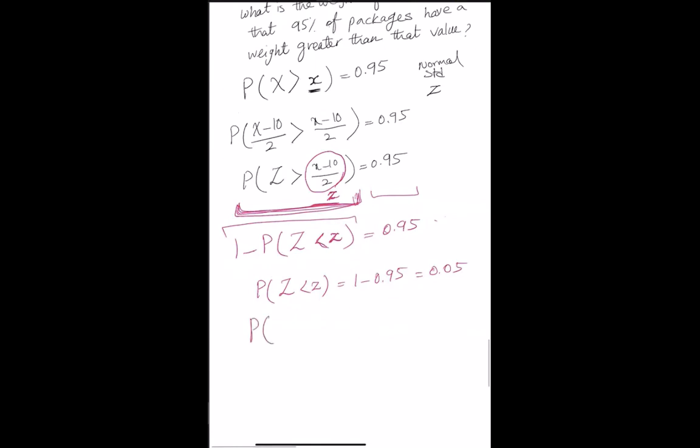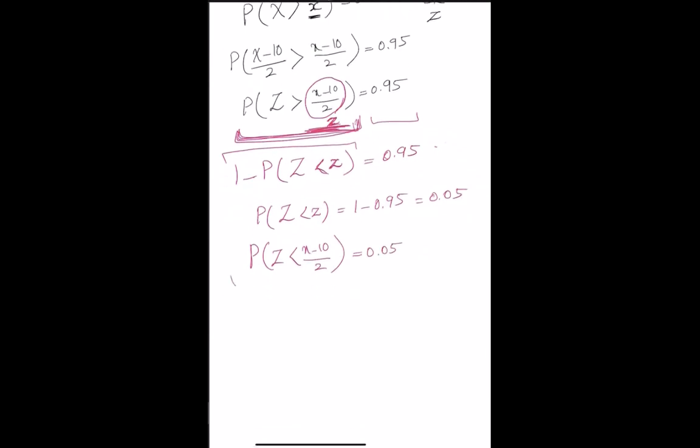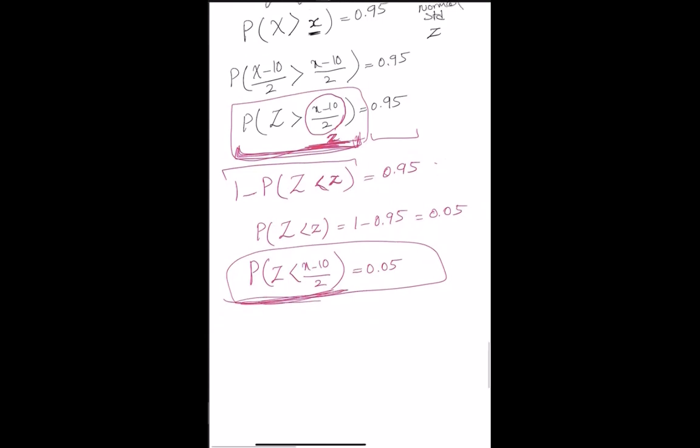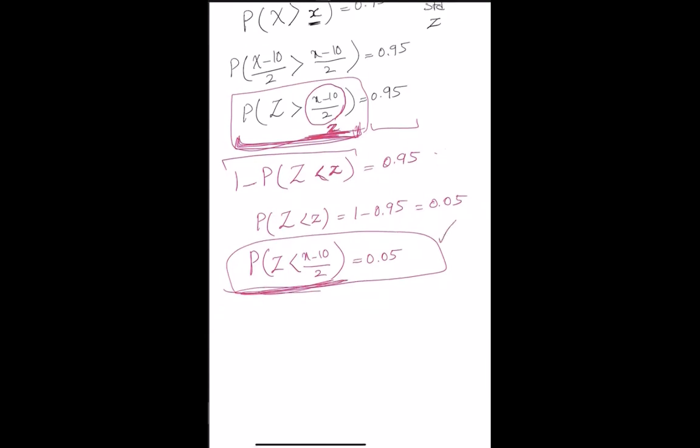Now, my lowercase z is what I wrote here, (x minus 10) divided by 2, and probability of z less than that is 0.05. So basically here I didn't do anything. I just rewrote this probability in a form that the table understands. So now tell me from this equation, how can you find the value of x for me?